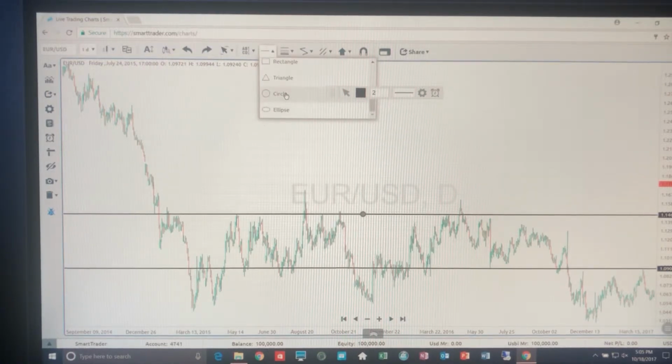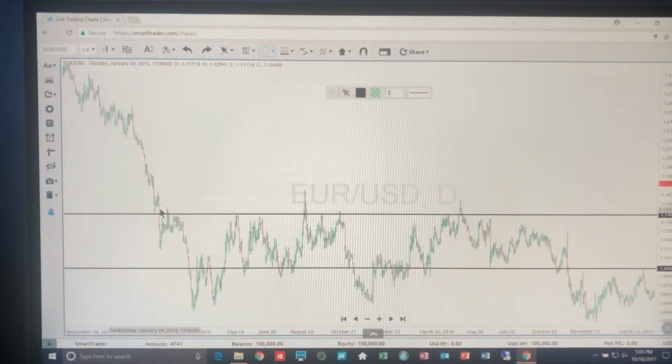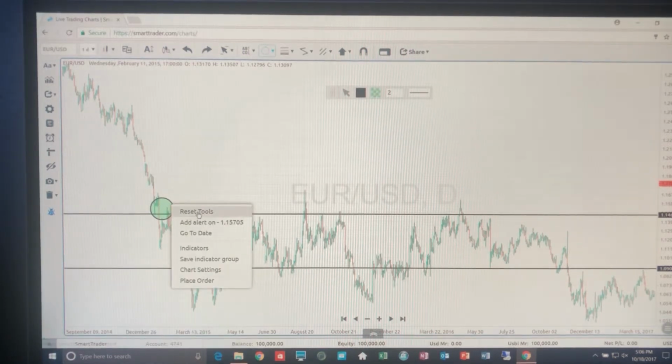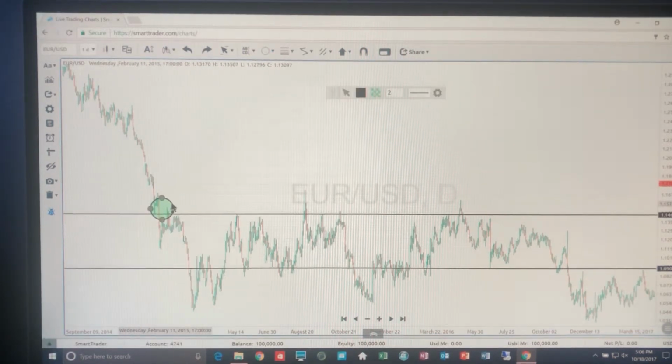Now, for the new trader, they may want to come in here and draw a little circle that would identify this and start to put their different pivot points on here so they can literally see where the market is bouncing.